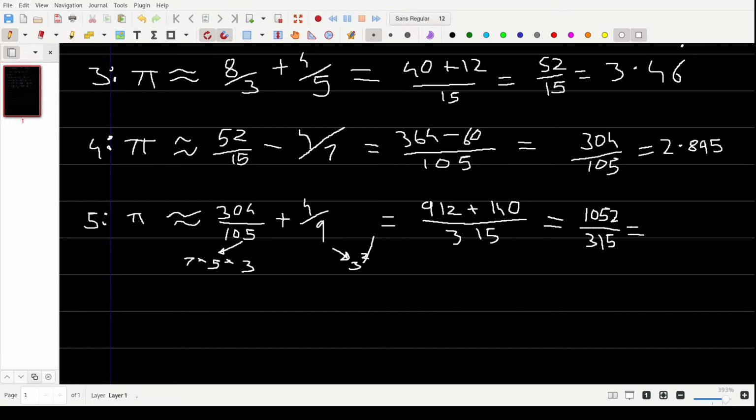What is to be done? 1052 over 315. This will be 3.3, 397. We're going to do 4 decimal places, so that's going to be like 3.342.